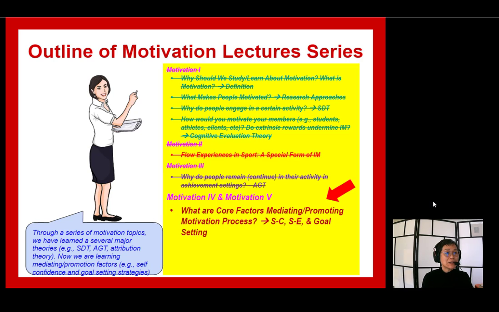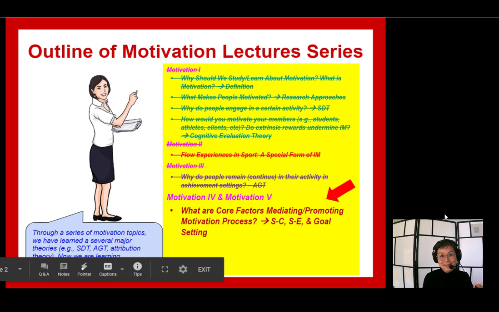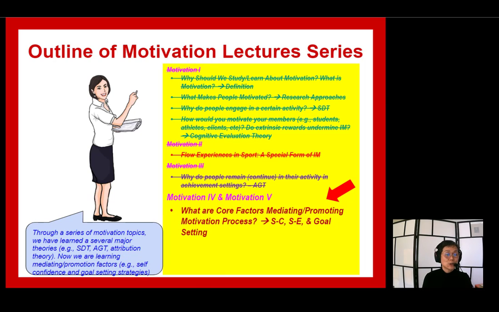Okay, so here is the outline of the motivational lecture series again, and we have a total of 5 lectures. We learned a lot of theories through motivational lecture series number 1 and then number 2, which was flow experience, a special form of intrinsic motivation, then achievement motivation, which was lecture series 3.